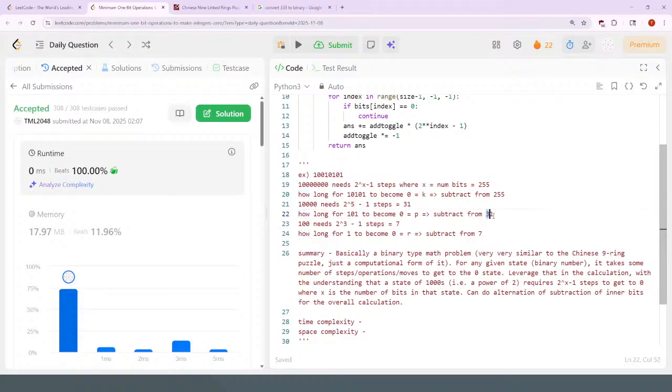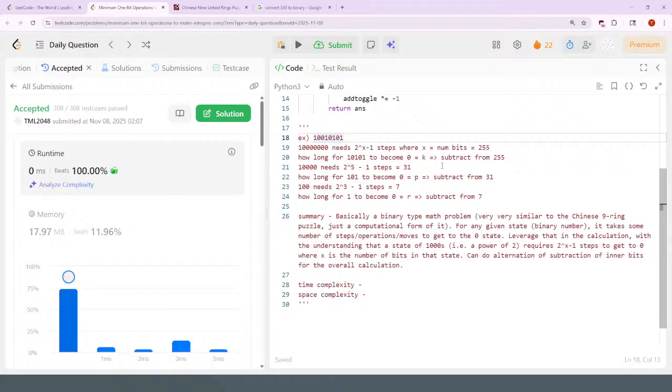You need to subtract 31 by p, and so on and so forth. So this last thing was like subtracting 1. 1 subtracted from 7 is 6. 6 subtracted from 31 is 25. 25 subtracted from 255 is 230. So it takes 230 steps here. And the alternation and subtraction of the inner stuff is going to lead to an alternation of signs for the number of steps for each bit.